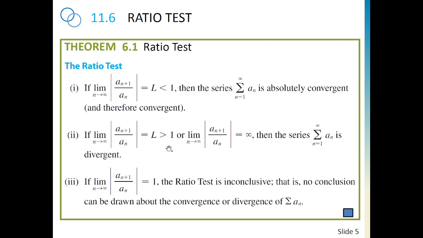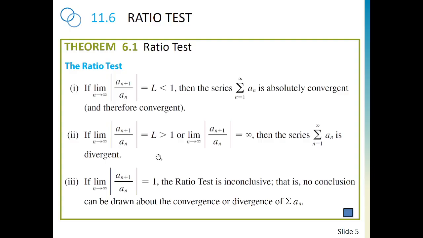If the limit is bigger than 1, so any number bigger than 1, so 2, 7, 5, pi, square root of e, something bigger than 1, or if the limit does not exist, because in some situations we will see that the limit of the ratio does not exist because the ratio is increasing forever, in that situation the series is divergent.